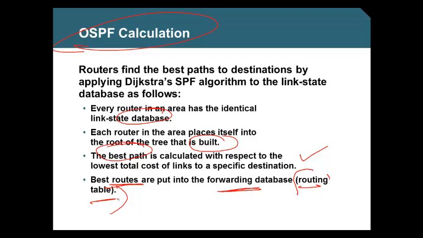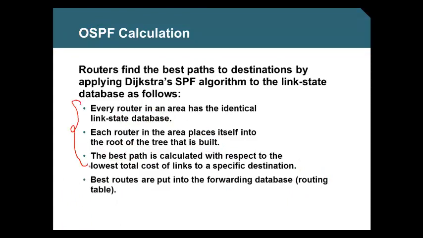That point I want to remind you. Best routes are going to be elected, no doubt. OSPF will elect it, but it is the decision of the routing table algorithm. That's the final authority, whether to put that route in the routing table or not. The best route will be recommended to the routing table by OSPF.